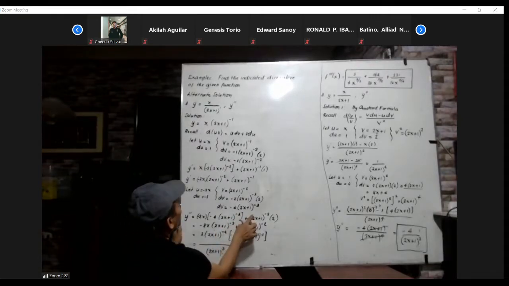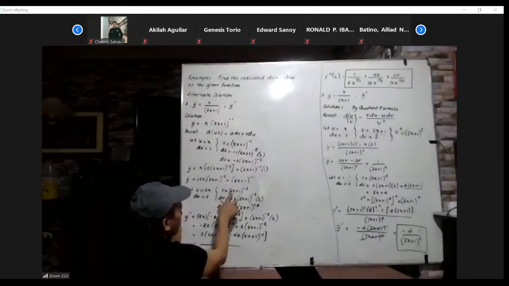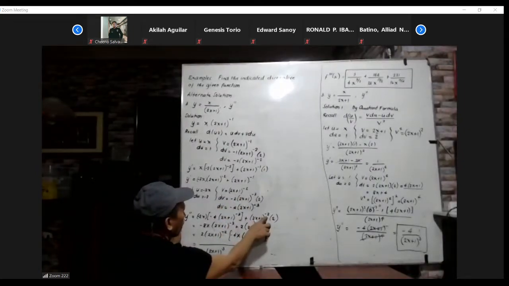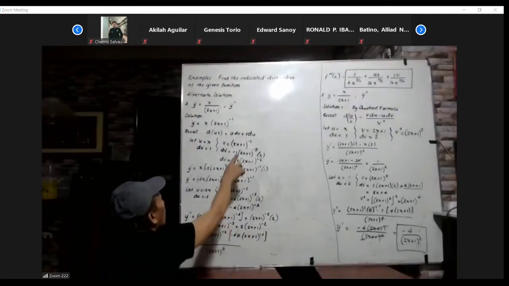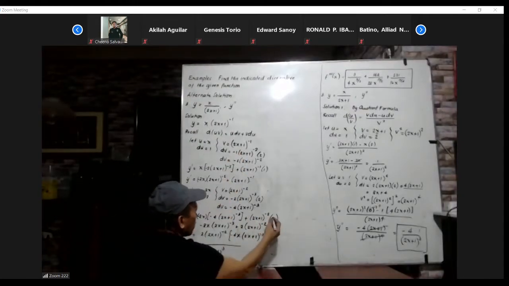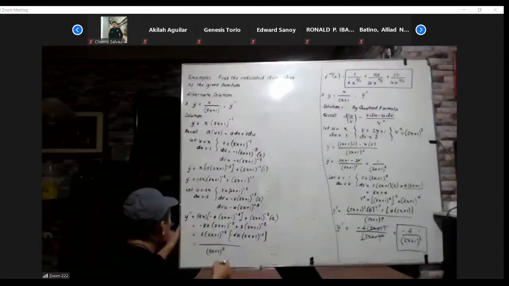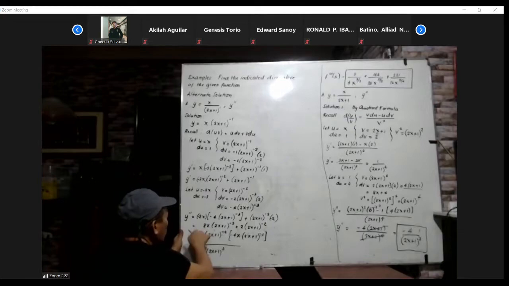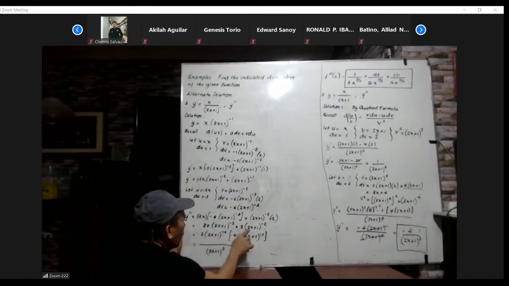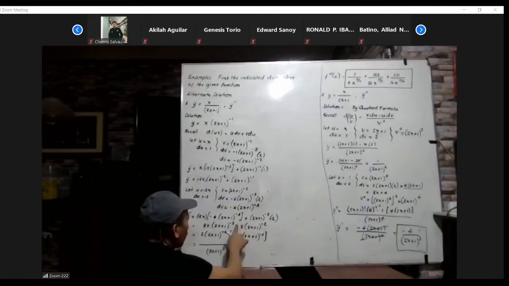Tama? And our v is equal to 2x plus 1 quantity raised to negative 2, then multiplied by du. Du is negative 2. Okay? So therefore, this one is positive 8x. Okay na yon. Then this one is negative 2.